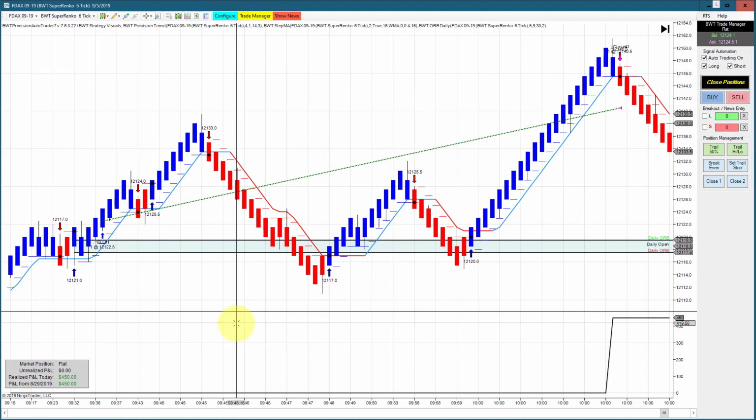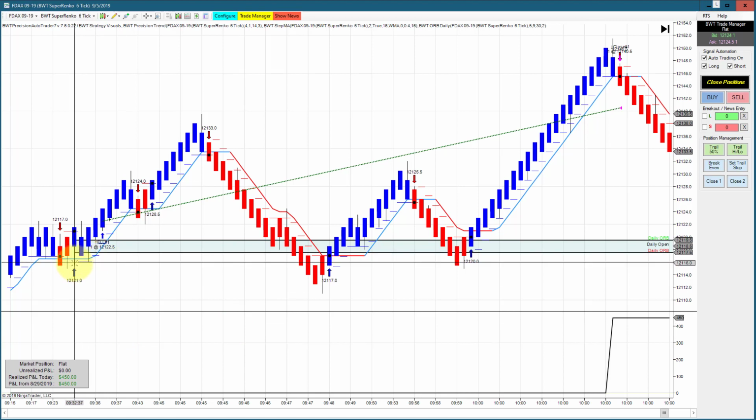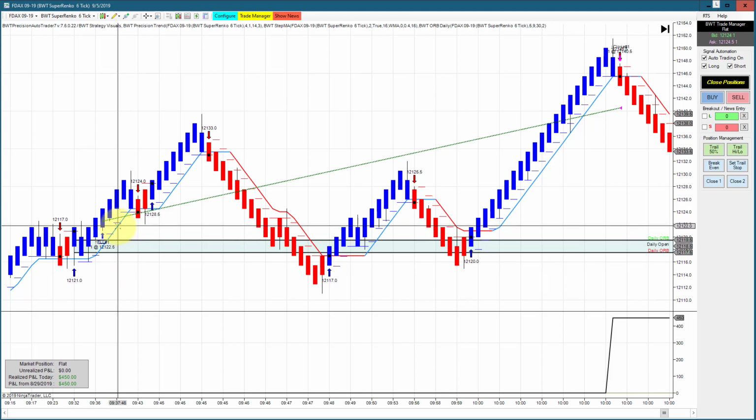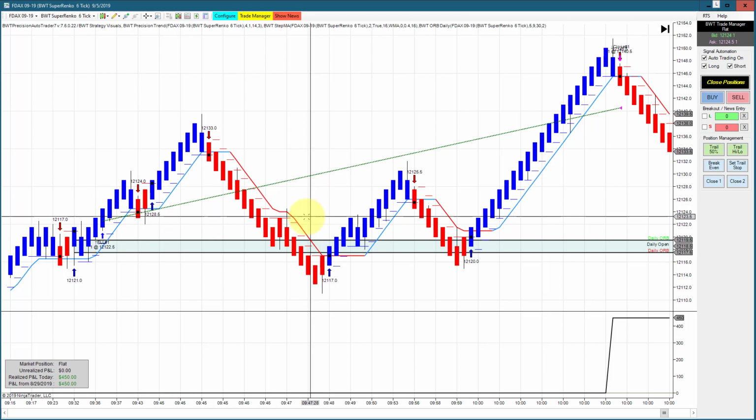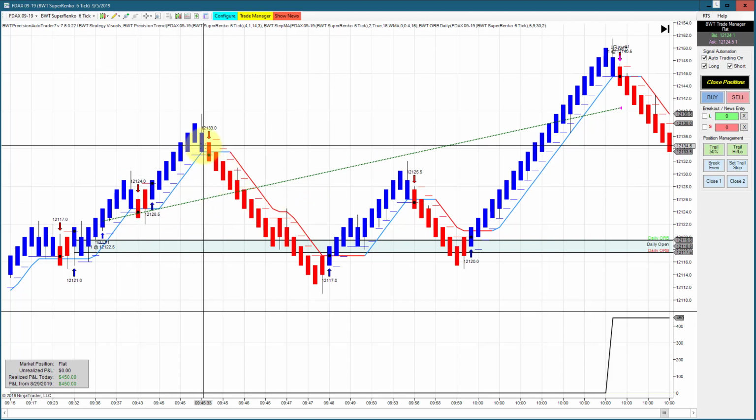The first chart I wanted to show was this chart on the DAX on the Super 6 tick. And this is trading the U.S. Open, and I have the open range filter set to 9:30, the open of the U.S. session. And this is that kind of classic automated open range pattern, going long right after the open, filtered by the open range filter, and not exiting on the precision trend exit.